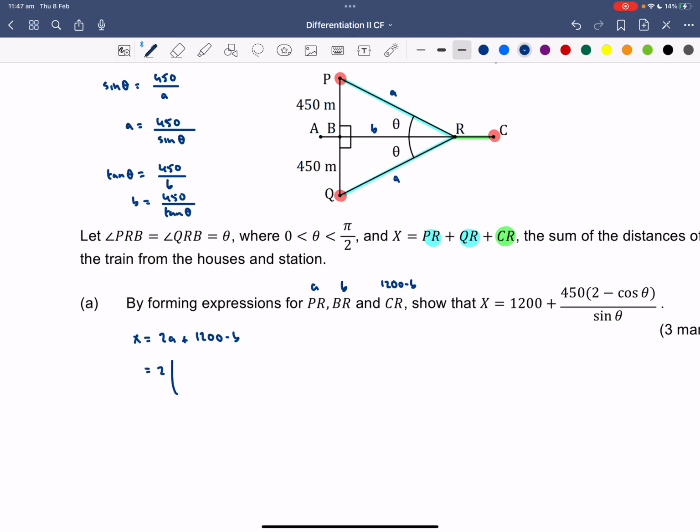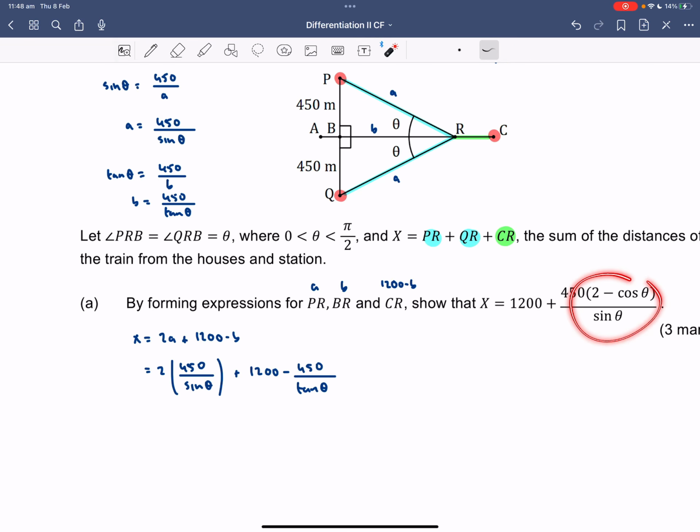So 2 times A first, 450 on sine theta, plus 1200 take B. B we agreed was 450 divided by tan theta. Now, you will notice that the answer has not got any tans in it.